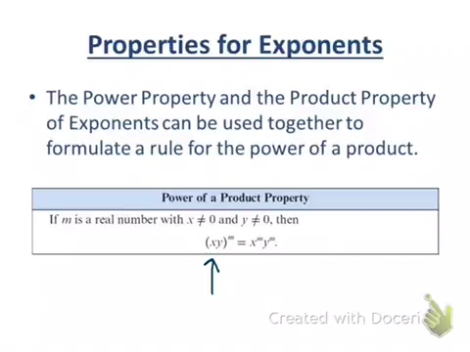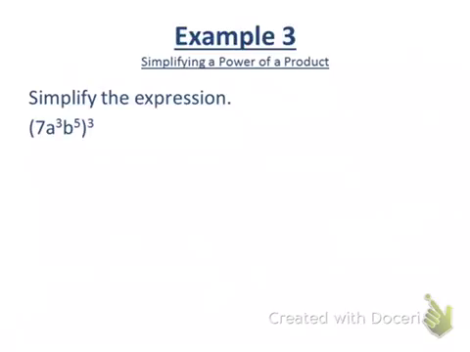The power of a product is equal to the product of the individual powers of the pieces. So this applies to problems that look like this. What does that previous property tell us?